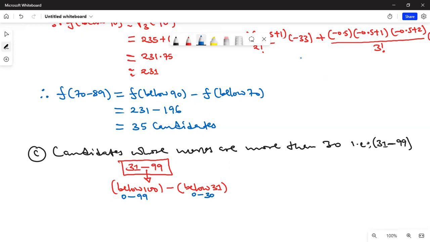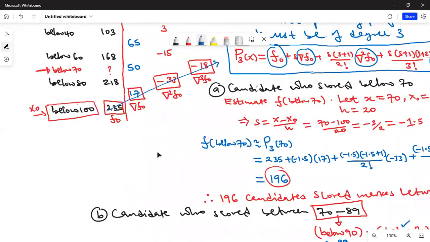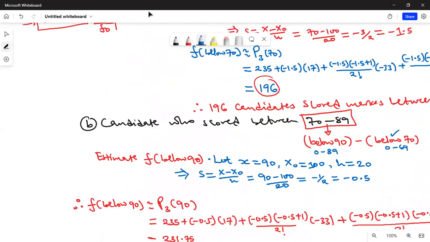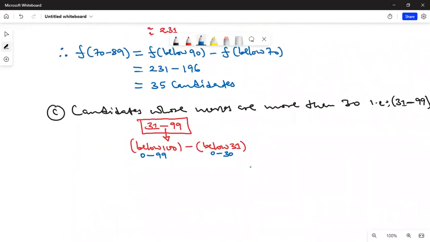So do the same below 31 and also below 100. Already we have below 100 in the table. Those who scored below 100 are 235. That is okay. So from the table, f of below 100 is equal to 235.